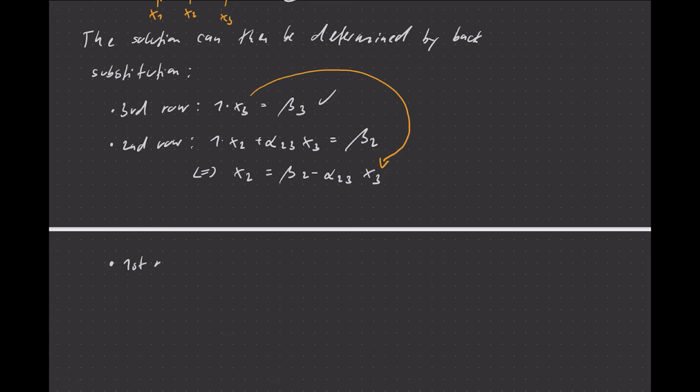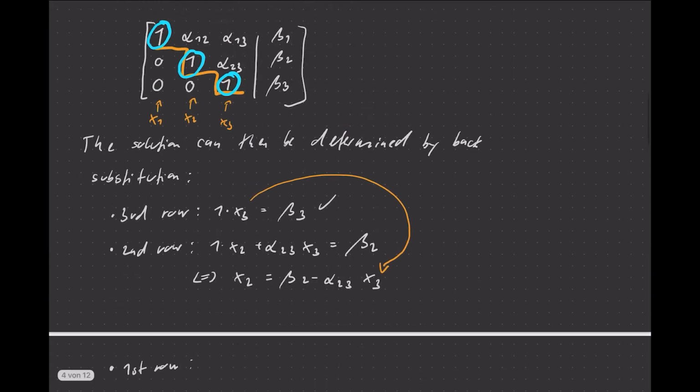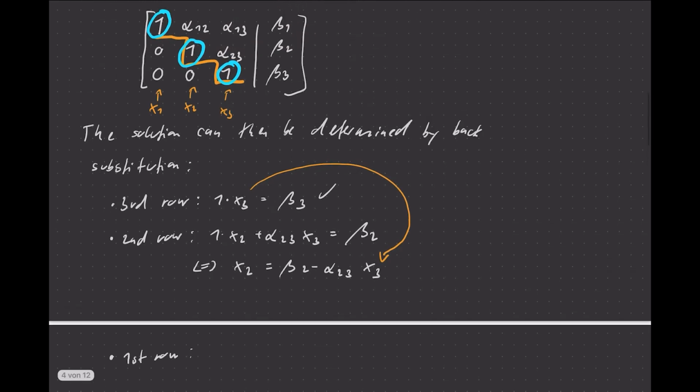And finally, for the first row, the equation that this encodes is 1 times x1 plus alpha 1,2 x2 plus alpha 1,3 x3 is beta 1.